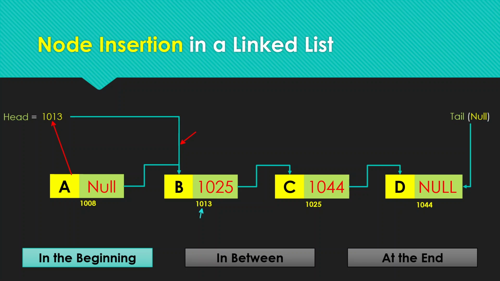It's pointing to node B, the address of node B. So we are simply pointing node A.next to this value, updating A.next to the address of the next node. Then after that, we point the head to the new node, which is node A.